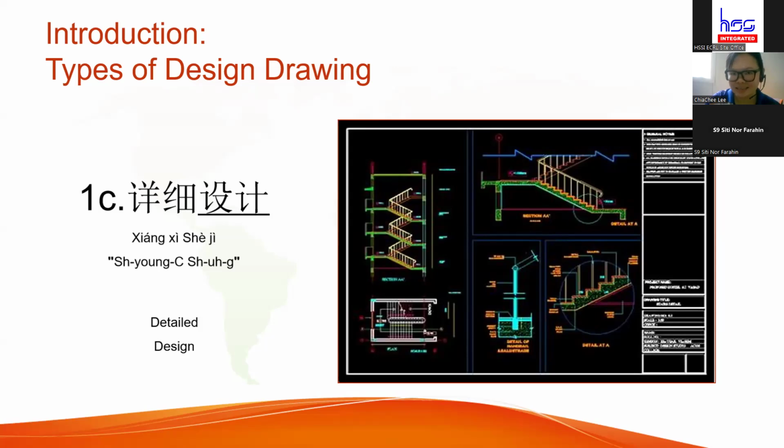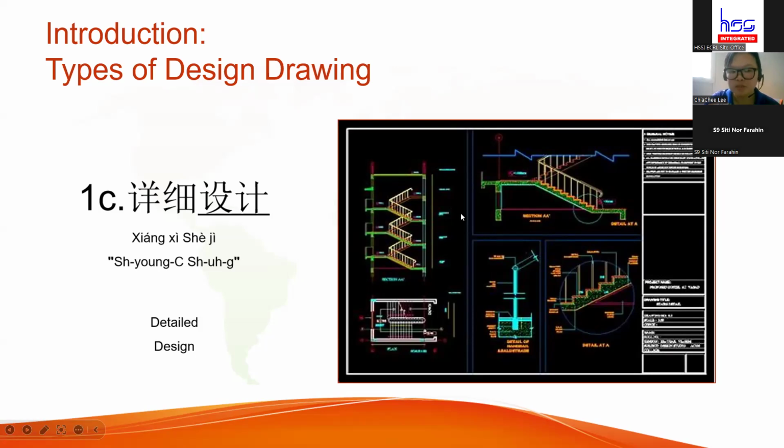C, C, C, C. 详细设计. So this 详细设计 would be where designers put in whether it's British standard or other standard, the materials, the type they want to use, and then the procedural notes, and so on.